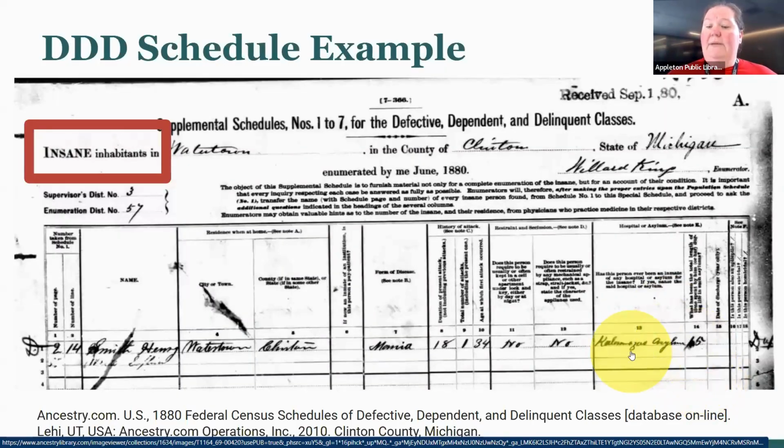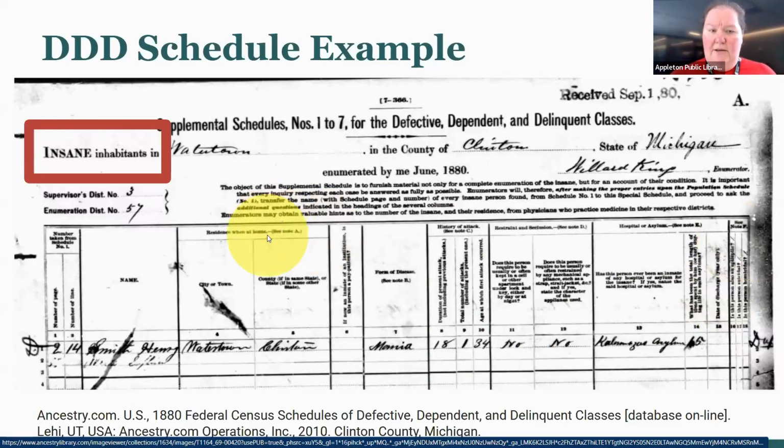Also, sometimes they'll give where they were, so this one says Kalamazoo Asylum. Then I would maybe follow up and see if I can get any records for this specific person if it's my ancestor, to learn a little bit more about their time here, because clearly they've been struggling with this for 18 years or something, and I'd want to learn more about them.